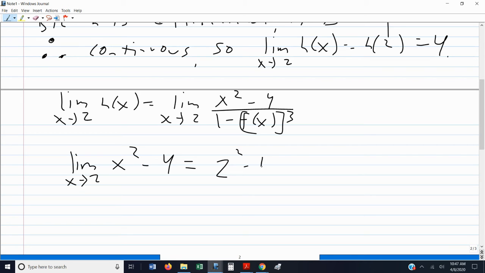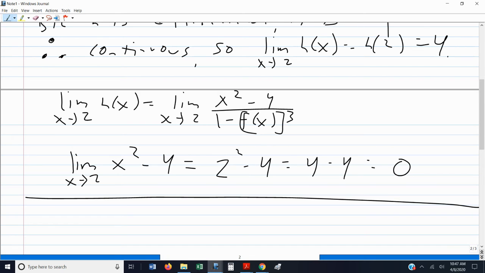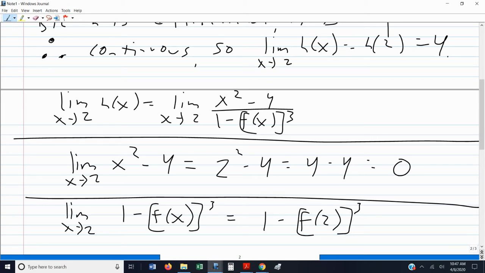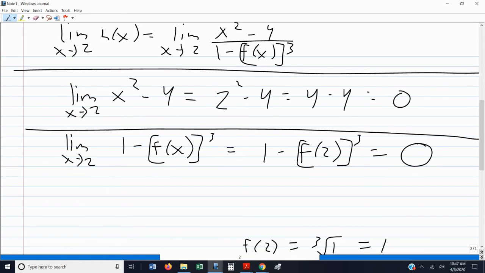I would get 2 squared minus 4, which is 0. And you can pause if you want to. The reason we're allowed to use L'Hopital's rule is because if I plug in 2 to the bottom, I must also get 0, because getting that 0 over 0, that indeterminate form, is what allows you to use L'Hopital's rule.